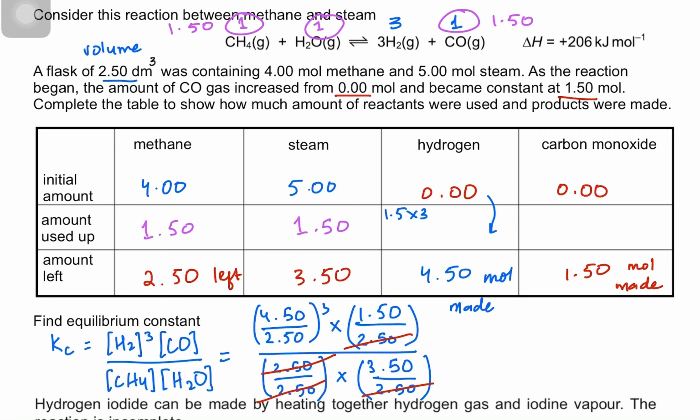Using a calculator, because my mental math often sucks, the Kc value in my case turns out to be 2.49. Now we can also talk about the units because in the numerator I have hydrogen with a cube, so mole per decimeter cube, cubed. Carbon monoxide has simple mole per decimeter cube.